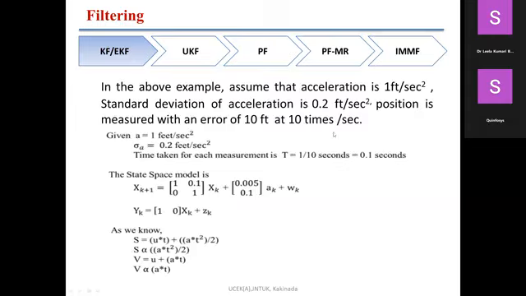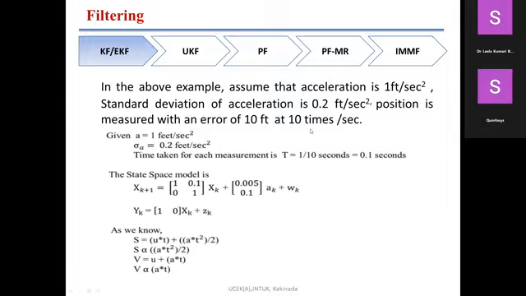In this example, let us consider the acceleration is 1 feet per second square, the standard deviation of acceleration is 0.2 feet per second square, and position is measured with an error of 10 feet, 10 times per second. That means we are taking the measurements 10 times in a second. The performance of the system depends on how good the measurements are.